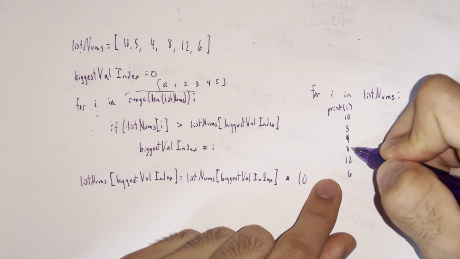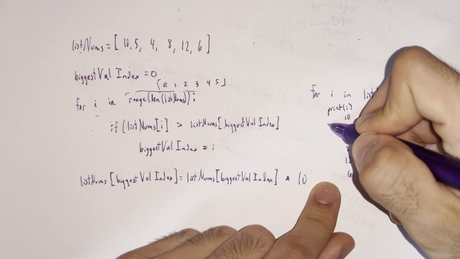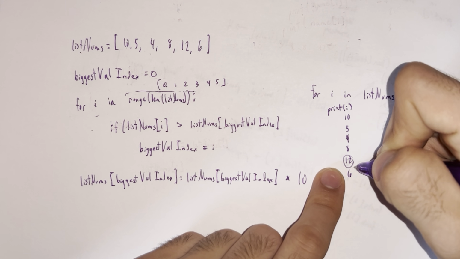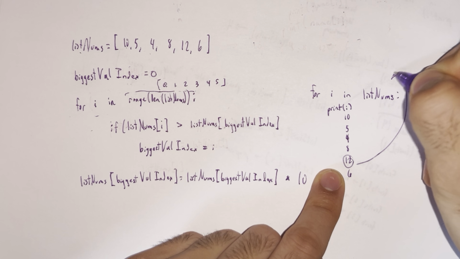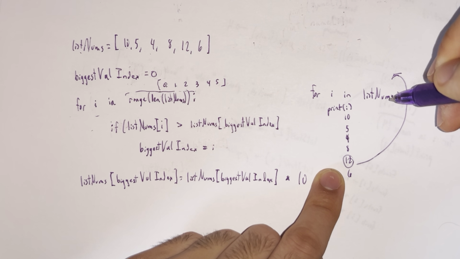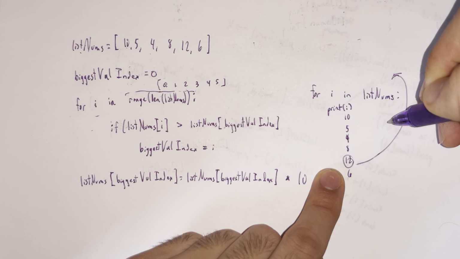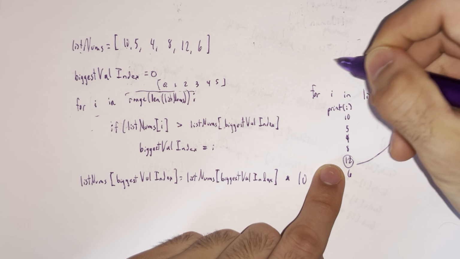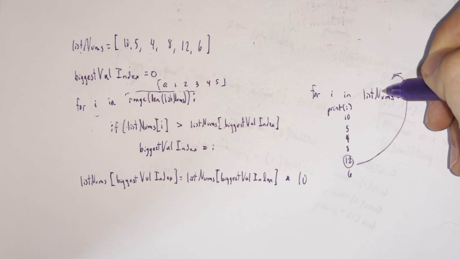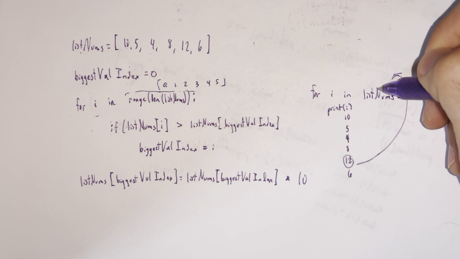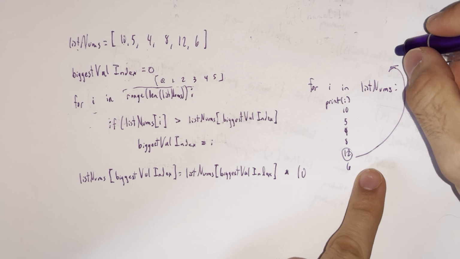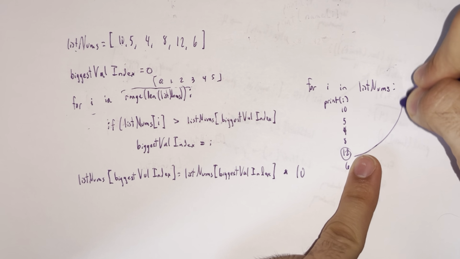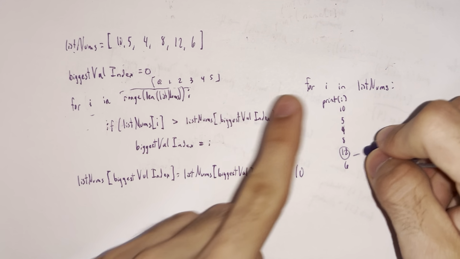We could certainly do that. We can create a biggest val variable and then get 12. But then we couldn't take that 12 and modify it back in the list. We would need the index of where 12 was in the list to do that. There's probably still a way we could do that, but it would be unnecessarily extra code when you could just do it this way.